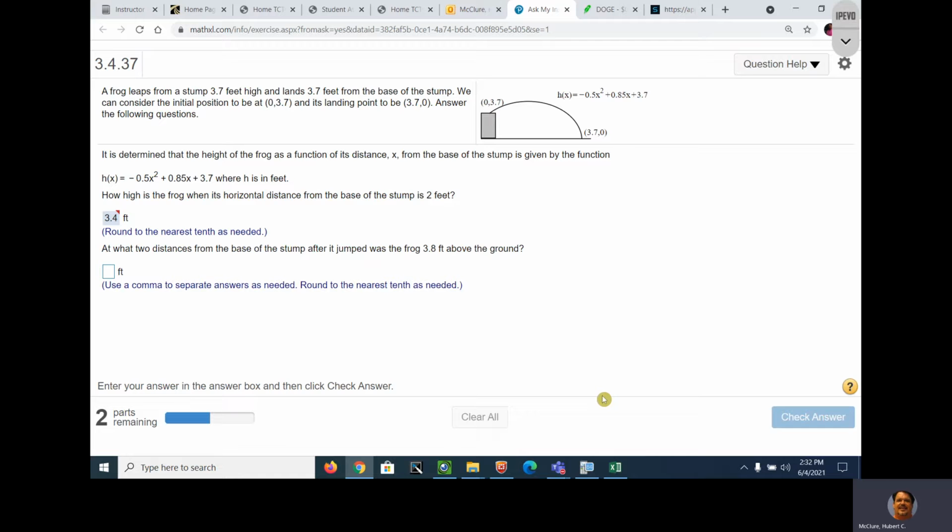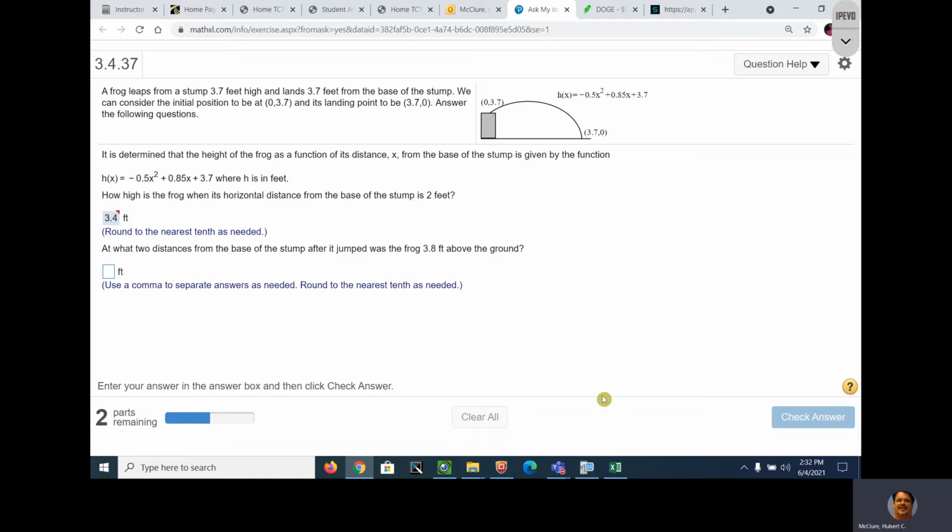And he jumps from the top of that stump to the ground at 3.7, 0. And there's supposed to be a little vertex right here. That's your vertex. That's your highest point.